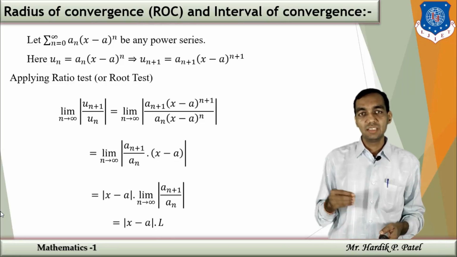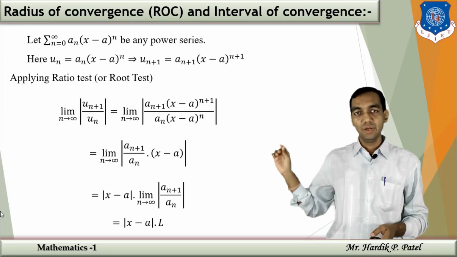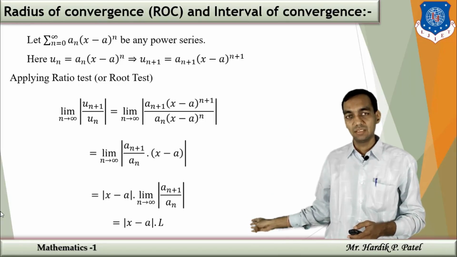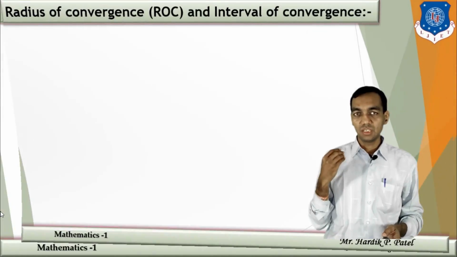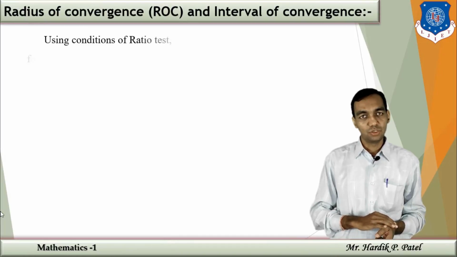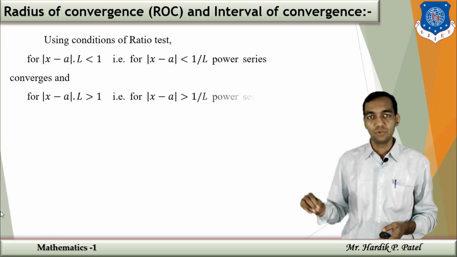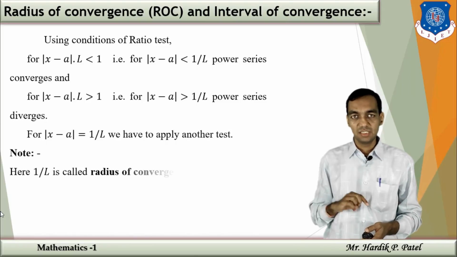Now suppose this limit has a value, capital L. That means the limit of un plus 1 upon un is going to be mod of x minus a into L. Now we are going to use the condition of the ratio test, because we have applied the ratio test. You are already aware that if the answer is less than 1, then the series is convergent.